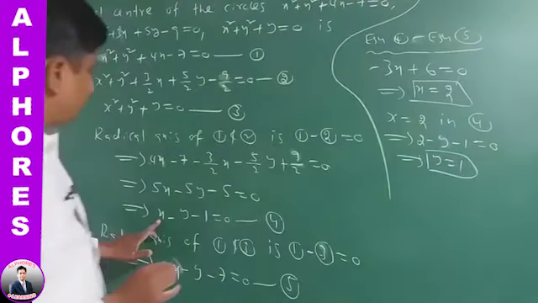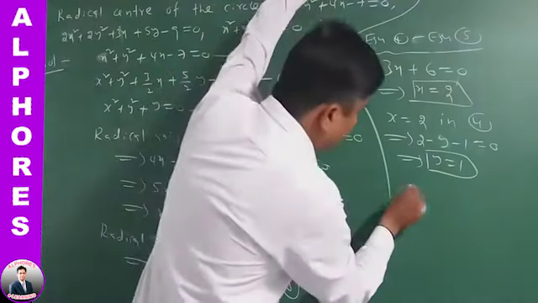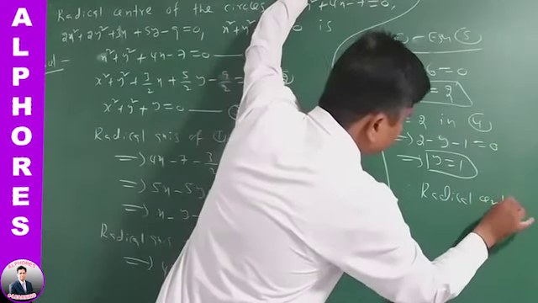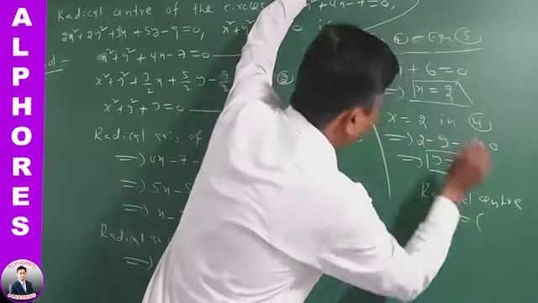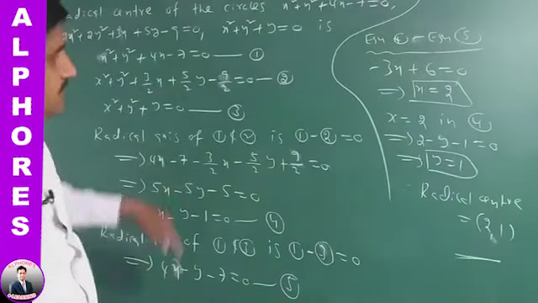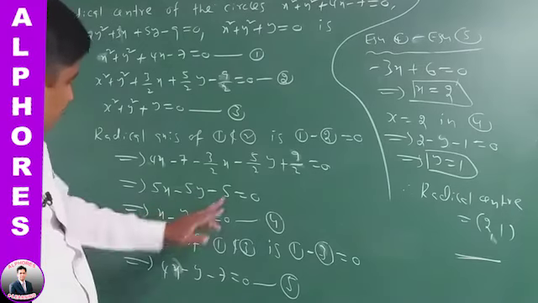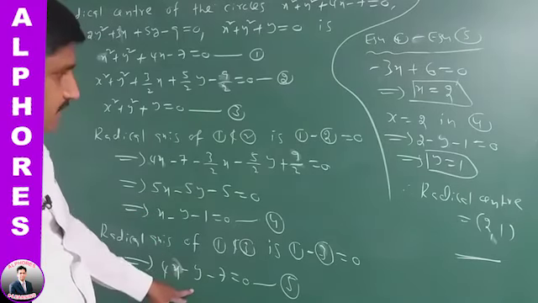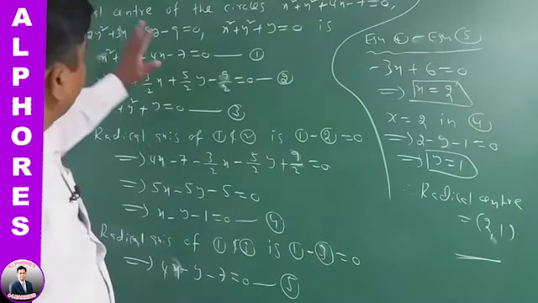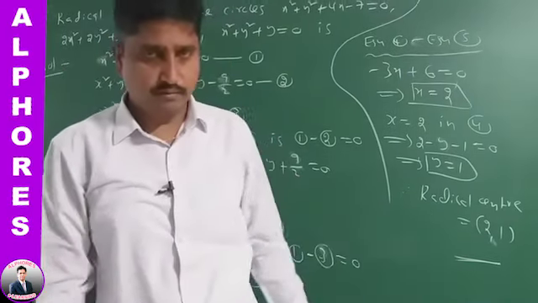Therefore, the radical center is 2, 1. The radical center of these three circles is 2, 1. Checking in equation 5: 4 into 2 is 8, minus 1 is 7, minus 7 equal to 0. Therefore, the radical center is 2, 1. The point of intersection of the radical axes is called the radical center of the three circles.